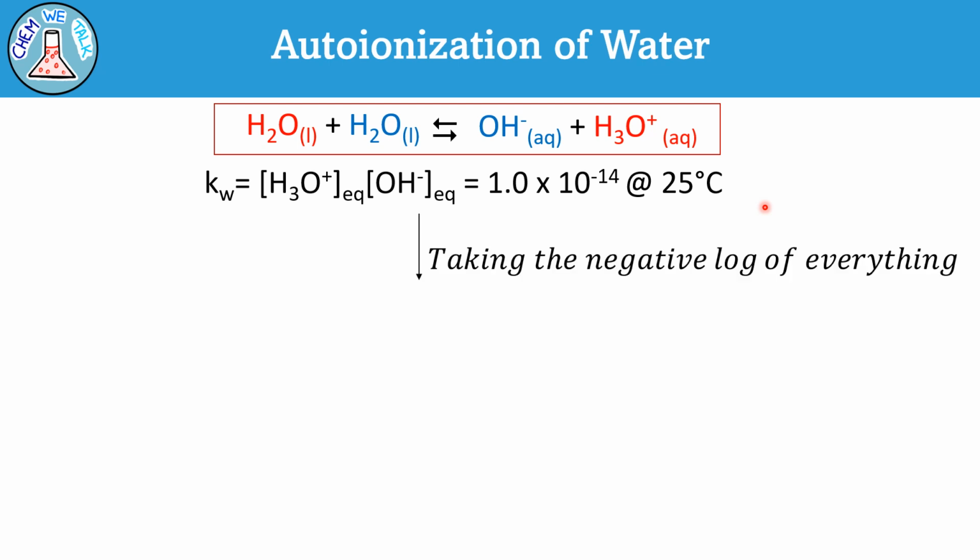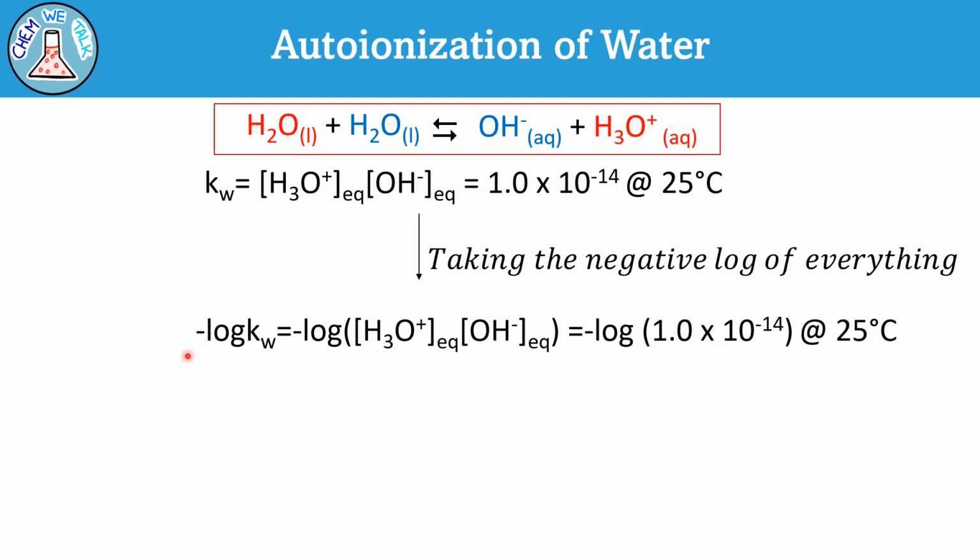So the first thing we're going to do is take the negative log of everything. So I'm just going to write negative log on this side, negative log here, and negative log there. So we get negative log of Kw equals negative log of the product of H3O plus at equilibrium and OH minus at equilibrium, which equals the negative log of 1 times 10 to the negative 14.